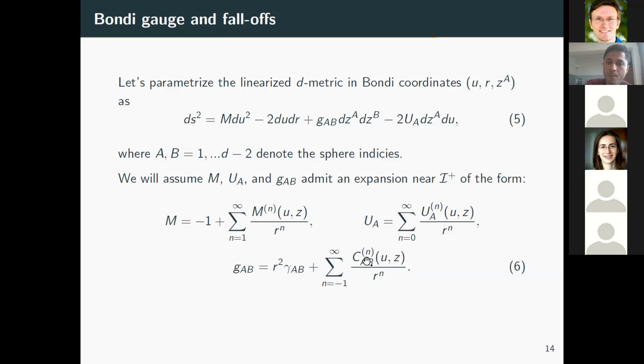So C_AB^(-1), that is the coefficient of r, is the free radiative data in 4 dimensions. But in 6 dimensions, it is not the free radiative data. Instead, the order 1 component, that is C_AB^0, is the free radiative data. And if you go to 8 dimensions, C_AB^1 is the free radiative data, and so on.